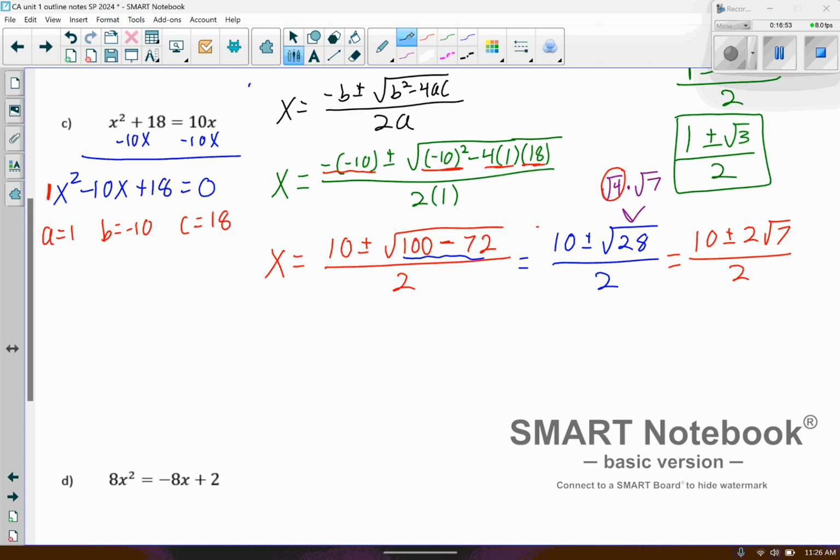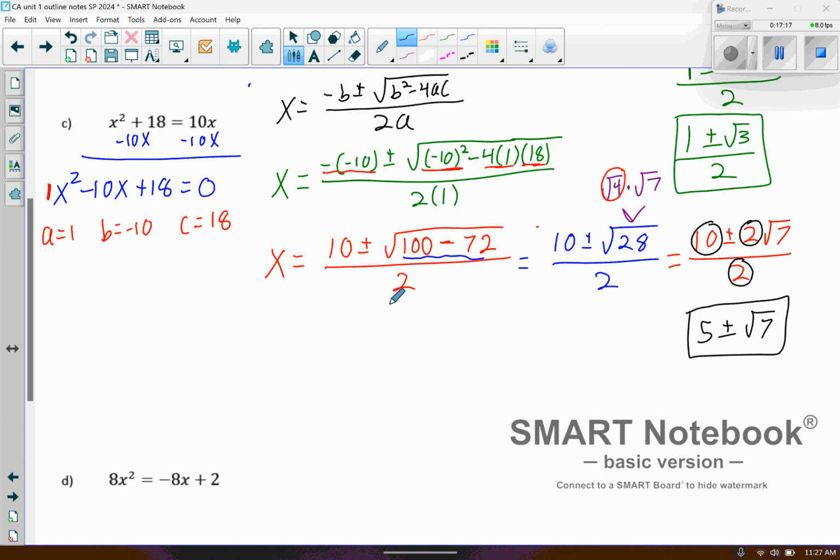And then, yes, they are all divisible by 2. They're all reducible by 2 right here. So that's going to turn into 5 plus or minus, and then the 2 turns into a 1. 1 times square root of 7 is square root of 7. And then we really don't need to have that divided by 1. So that is our solution right there once we reduce that.